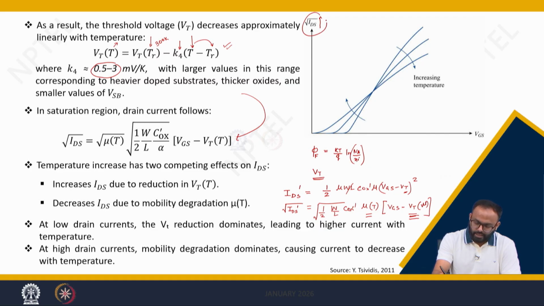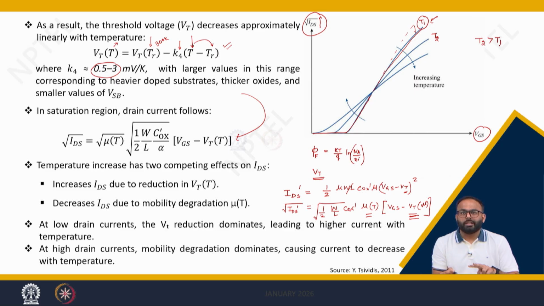On the y axis we are taking the square root of IDS and on the x axis we are sweeping VGS. Let us consider this graph is for some temperature T1. Till this point, until inversion happens, the current is approximately 0 and then it increases like this. It should increase linearly, but due to the mobility effect it is a bit lower. We are not considering the mobility effect at this stage; we are only saying how temperature affects the current. This is the current corresponding to temperature T1. Now, let us consider you increase the temperature to T2, which means T2 is greater than T1.